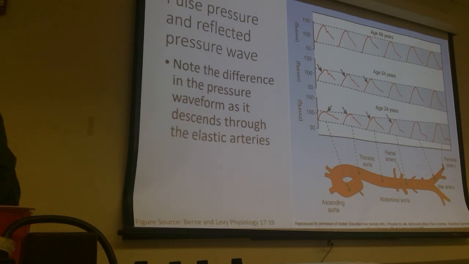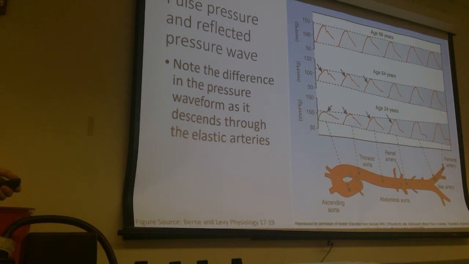Remember, the aorta is tough, but it is also somewhat flexible, right? It has the ability to expand and contract, sort of. So the more compliant it is, the more dampening you get, so that by the time you get back to the aorta, there's not much augmentation going on anymore.